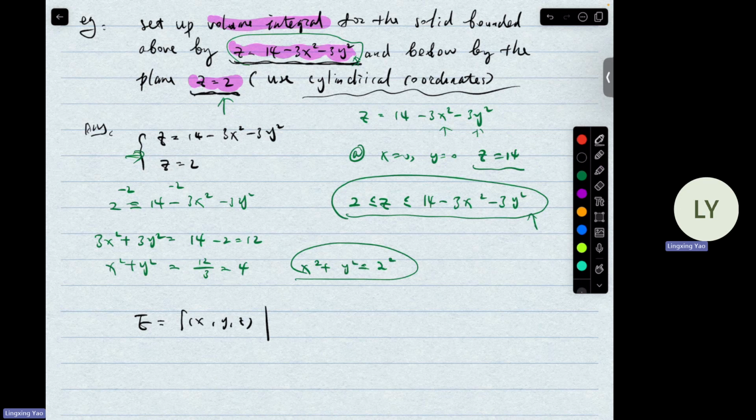Okay, even if it asks us to set up in the cylindrical coordinates, we would start by looking at the volume in the Cartesian coordinates so that we get some sense of what it looks like.